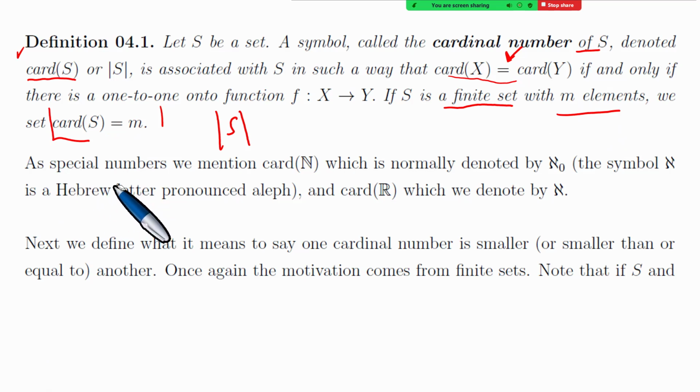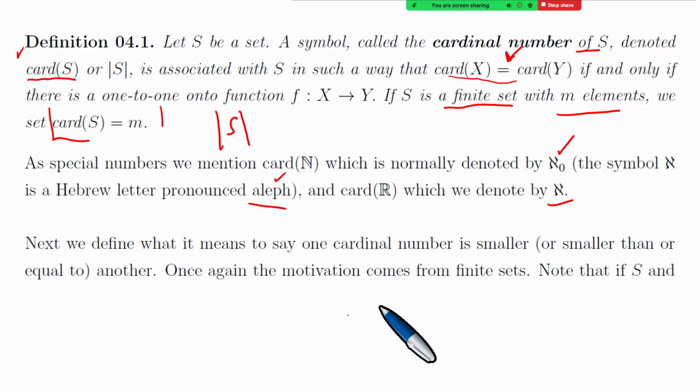As special numbers, we mention the cardinality of N, which is normally denoted by aleph naught. The cardinality of the natural numbers is denoted by aleph naught. The symbol aleph is a Hebrew letter, and the cardinality of R we denote by just aleph.